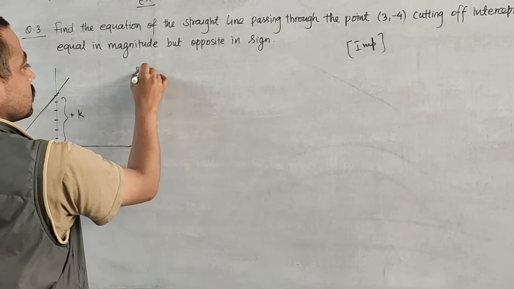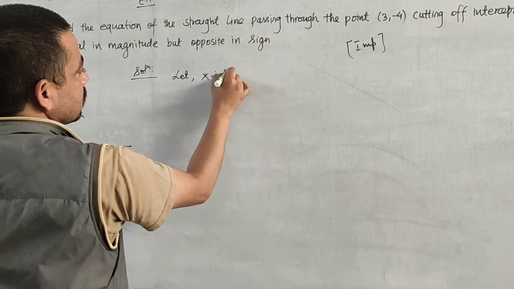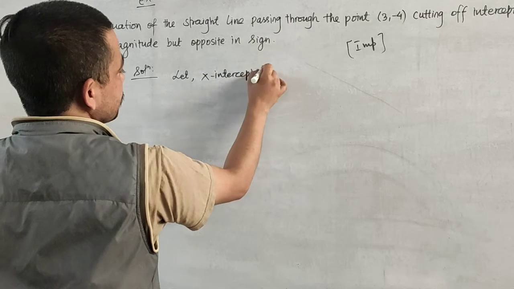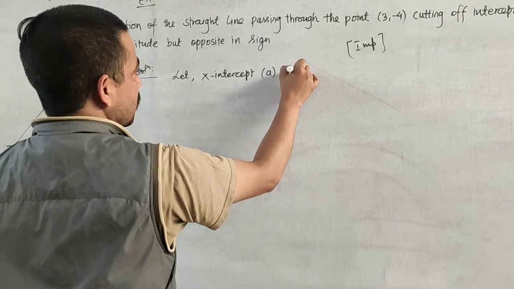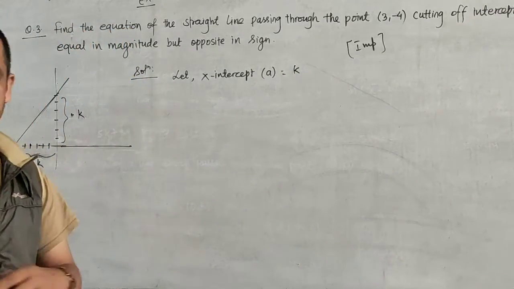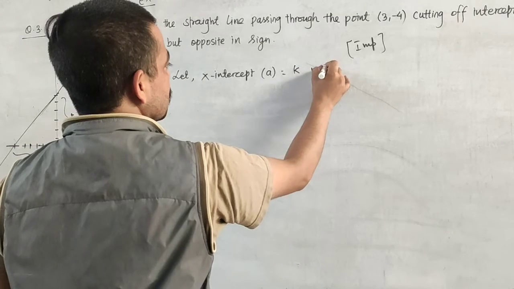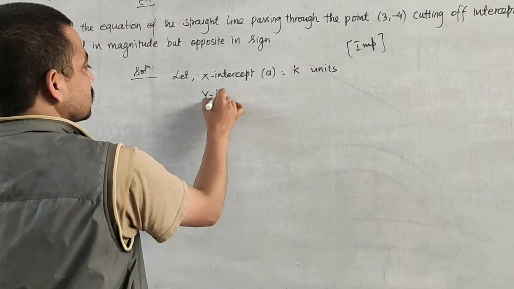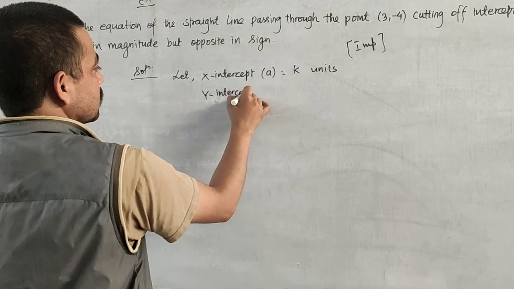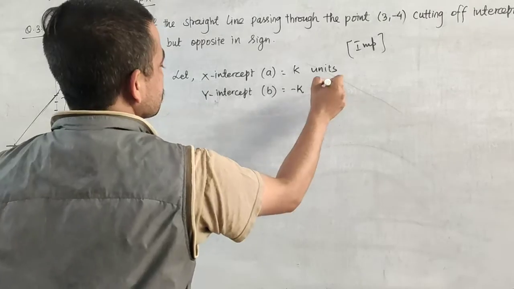Solution: let the x-intercept a be m or k, any variable you can suppose. x-intercept k units and y-intercept b equals negative k units.